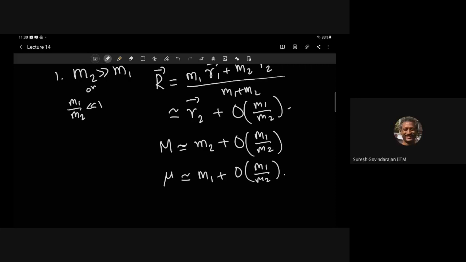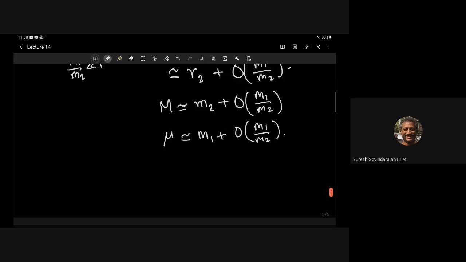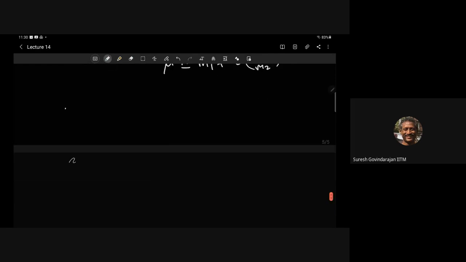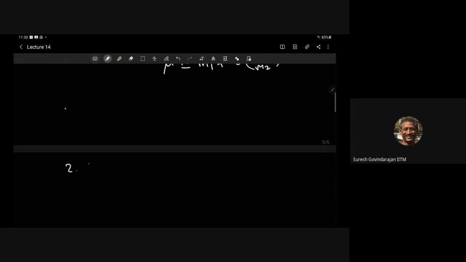Yes. Okay, good. The second limit is also interesting. So this is the usual planet thing. You can go back and check, Jupiter is our biggest planet. Is this approximation good for Jupiter? That's an exercise for you. The second one is another extreme, which is also nice and fun: suppose M1 equals M2 equals M. Nobody says that you can't have a two-body system.